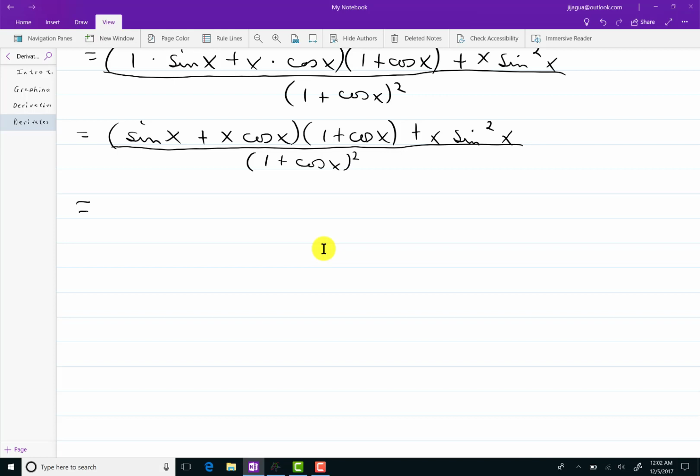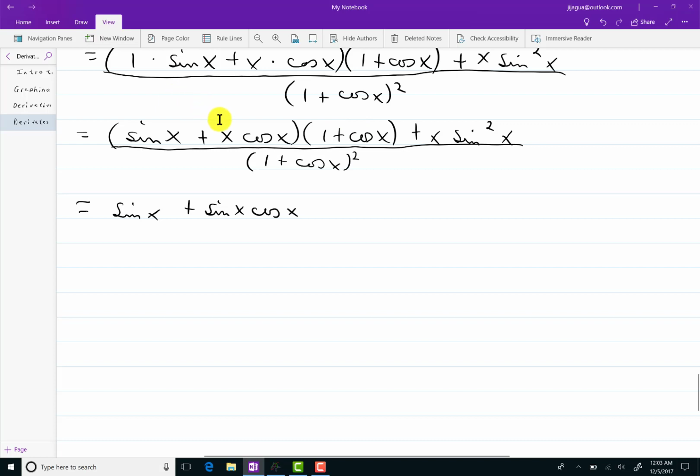I'm going to get sine of x times 1. I'll kind of do it with my pointer or my mouse. Sine of x times 1 will be sine of x. Then sine of x times cosine of x. We get plus sine of x cosine of x.